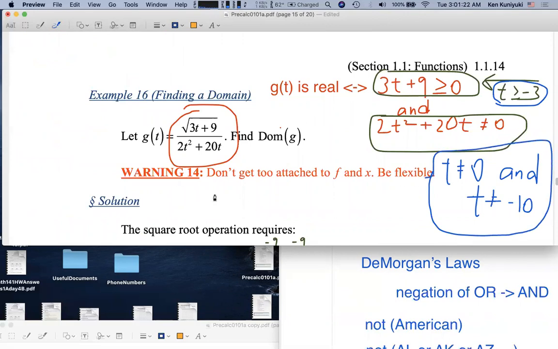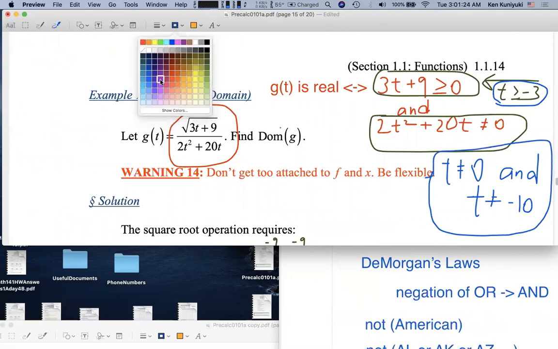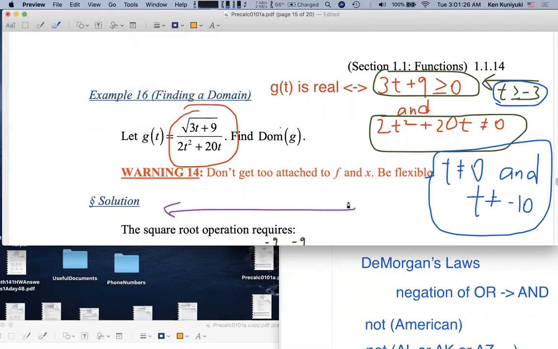Consider the real number line. All right, it's a t number line. From this top here, we want -3 for now, and we want all greater values. That's based on this inequality over here.